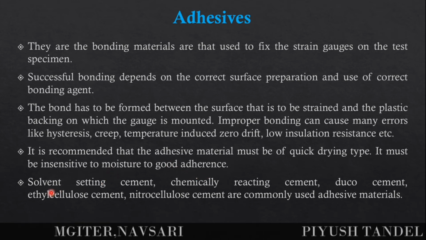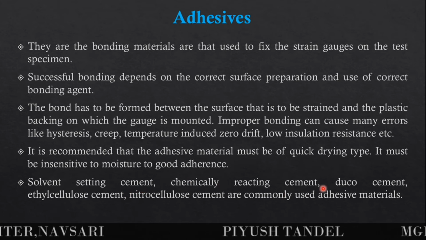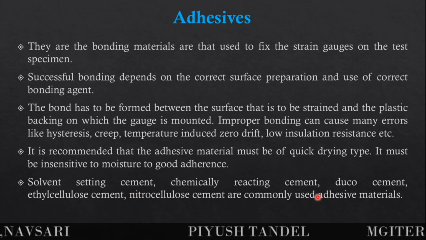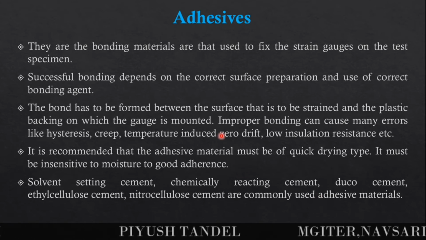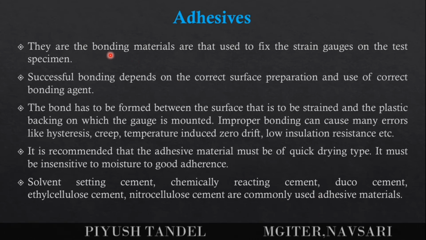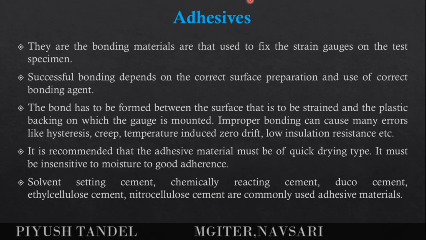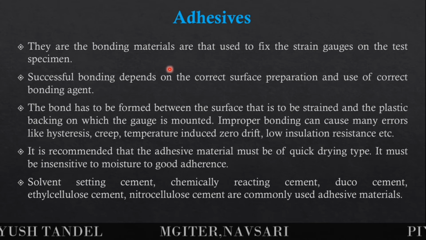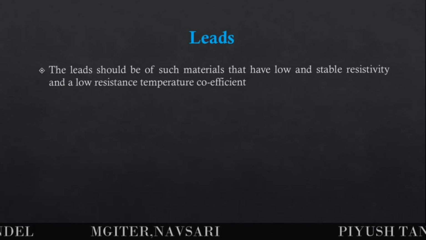Then different materials like cement, chemical reacting cement, and duco cement are used as adhesive material to bond the two materials, that is the strain gauge and backing material. So the main use of adhesives is bonding two different types of materials.